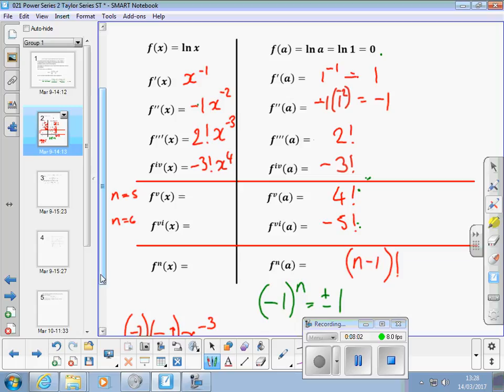Is that it? Yeah. So that will give us the number factorial. How can we get the correct sign change? We want the result of this to be minus 1 when n is even. How can we get that?